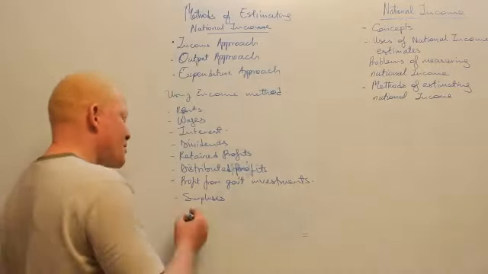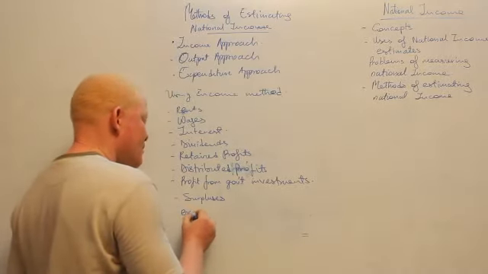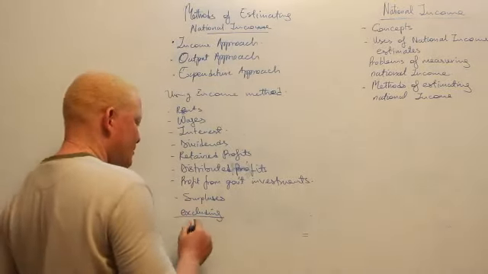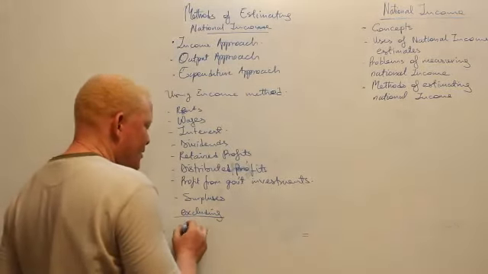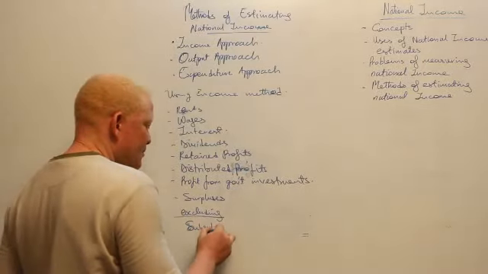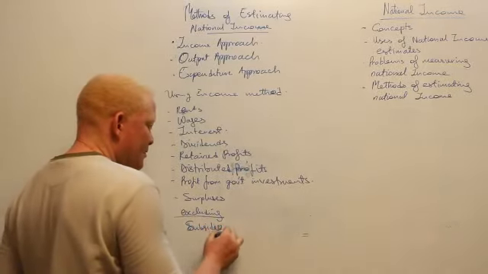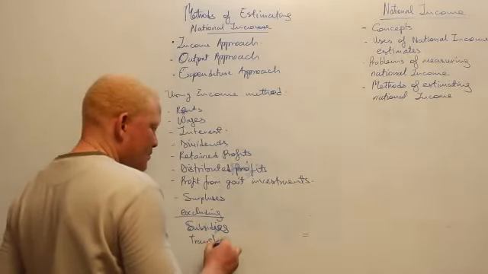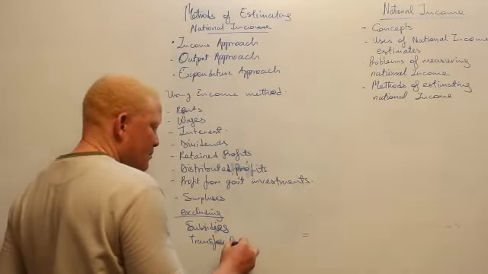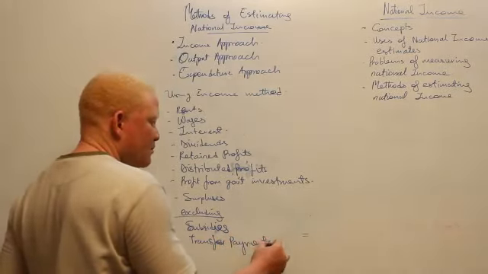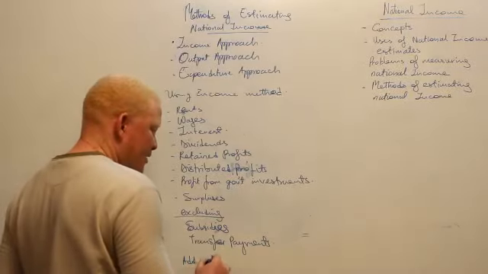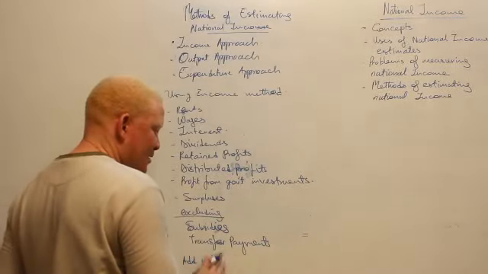Then it will exclude things like transfer payments, like subsidies, and then it will add net factor income from abroad.